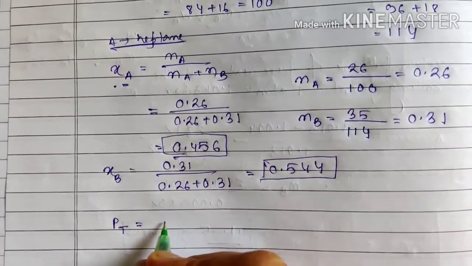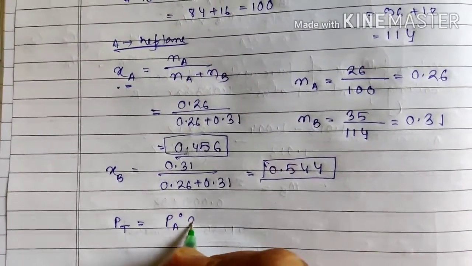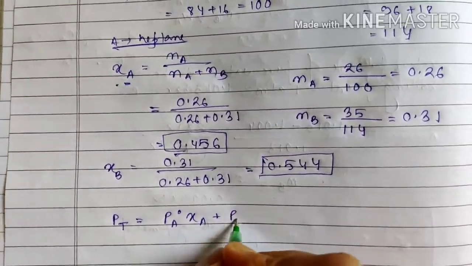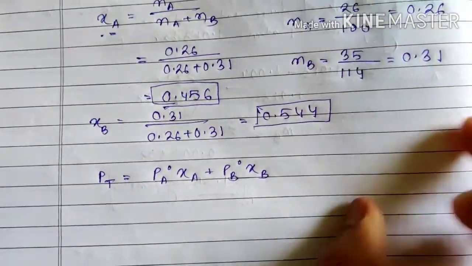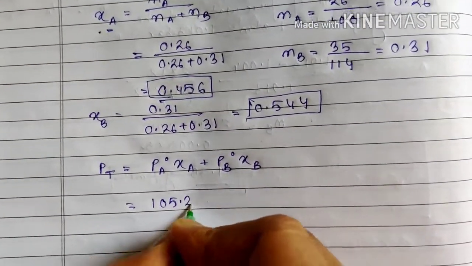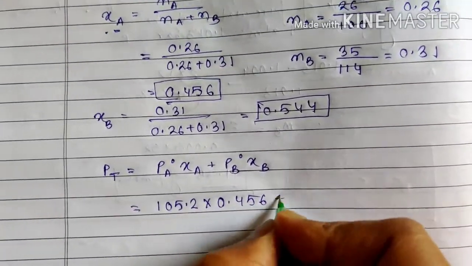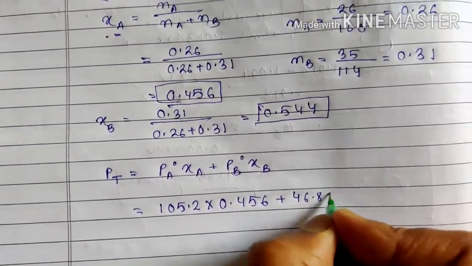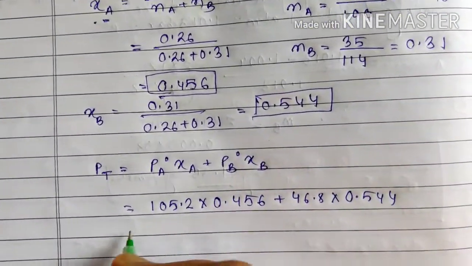In case of total pressure, again let us rewrite PA0 into XA plus PB0 into XB. Let us put the values. So it should be 105.2 into 0.456 plus 46.8 into 0.544.